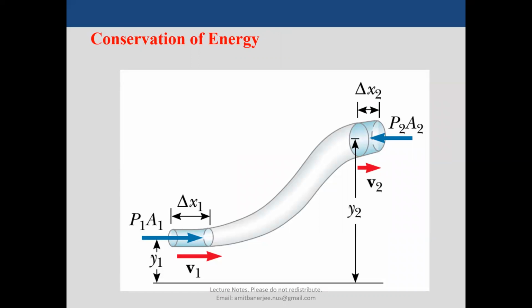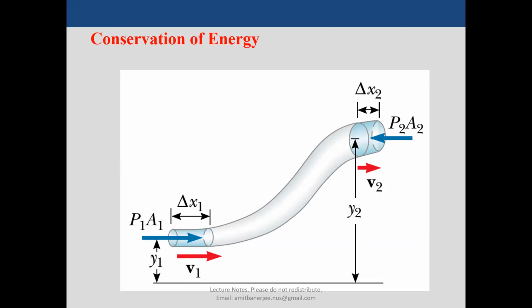So if you have a concept like this, an image like this, where the two ends of this funnel, this pipe, will have a pressure of P1 and P2, area of A1 and A2, and a height of Y2 and Y1.